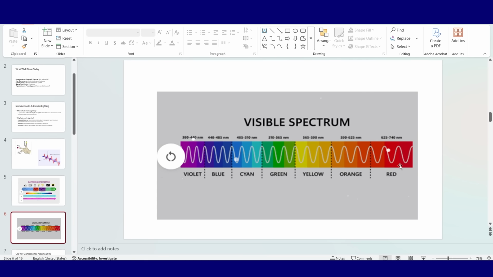As we move from right to left, red, orange, yellow, green, cyan, by the time you reach blue and violet, the wavelength decreases and the frequency increases. You can see it here: 625 to 740 nanometers, 590 to 625 nanometers, 545 to 590 nanometers, up till it has decreased to 380 to 440 nanometers.